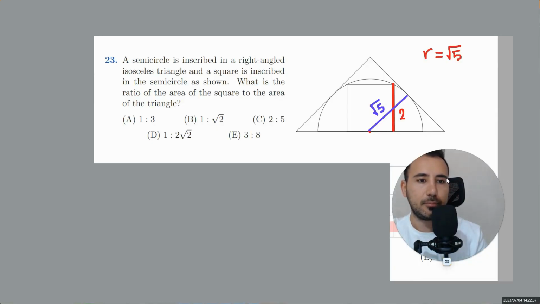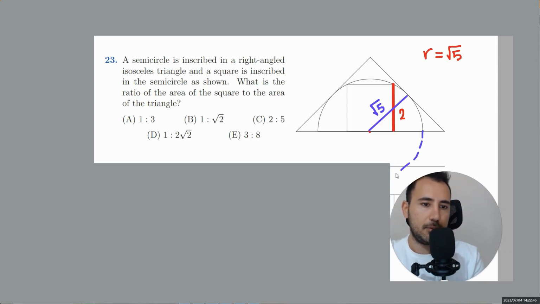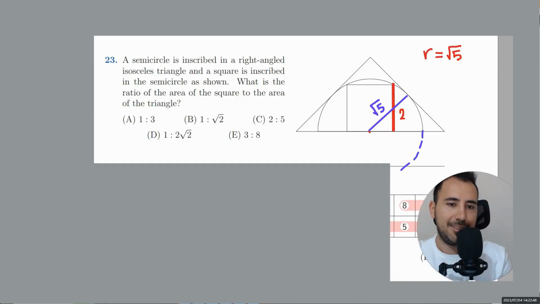Now, all we have to do from here is complete this shape, to make this into a full circle. And I will complete these sides. I'll make it black. Again, this would be the shape.